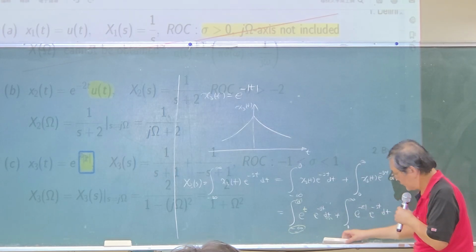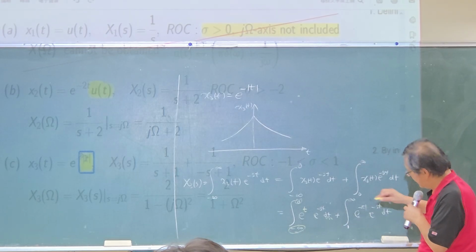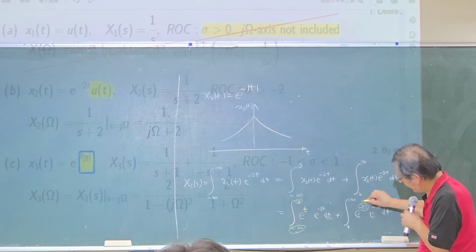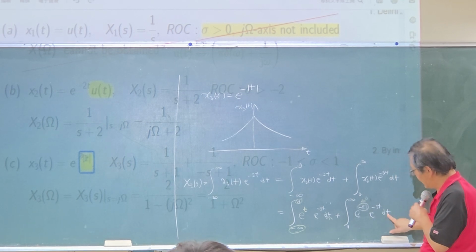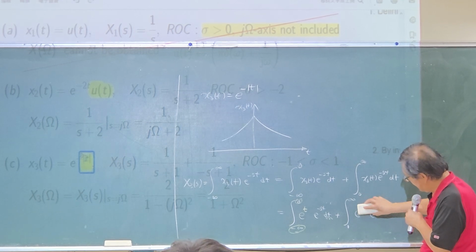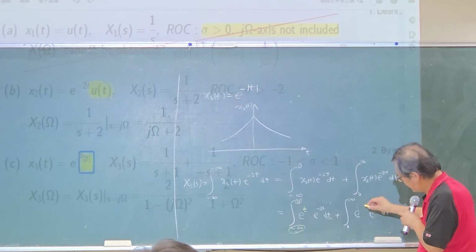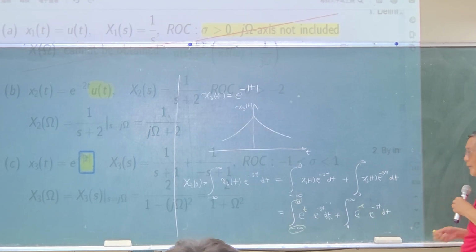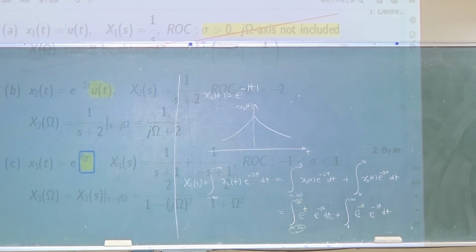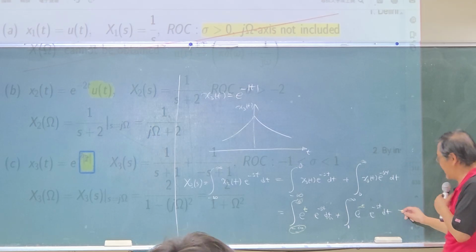And similarly for this one, again, this is always negative or equal to 0 for t positive. That's why I write this as positive t, and this is negative t. Okay? So if you integrate this function, you should be able to find the result.